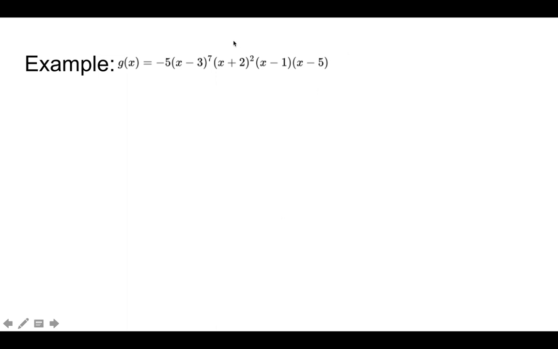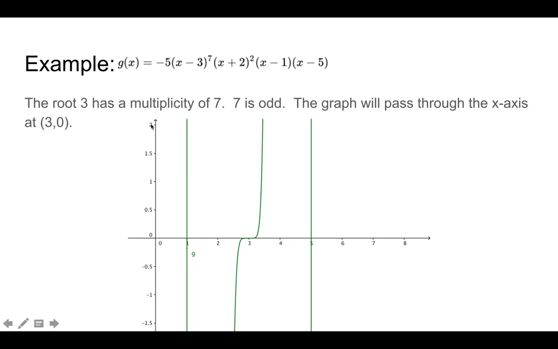Okay, so let's look at this guy. Our leading coefficient's negative. Our degree is 7, 8, 9, 10, 11. The root here, 3, has a multiplicity of 7. 7's an odd number.